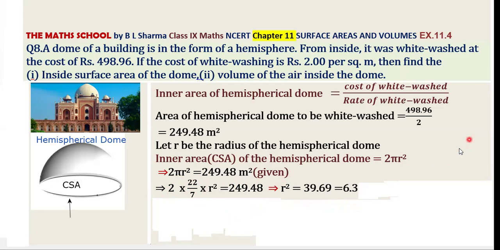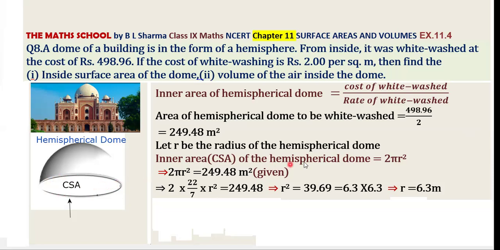This further can be written as 6.3 into 6.3. So radius is equal to 6.3. तो ये जो रेडियस है इसका इनसाइड का वो है 6.3 मीटर. Here to here.